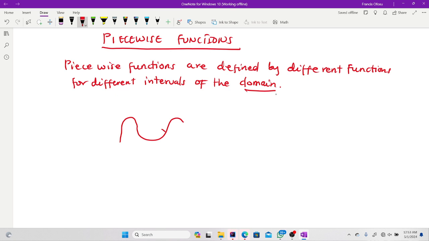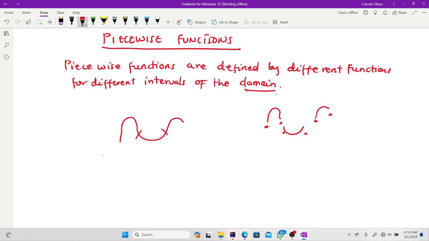If I break this curve at this point, I'm going to get one piece here, the other piece there, then the last piece there. Each of these pieces will be defined over an interval. X values from this side to this side will be one domain, from this side to this side will be another domain, and from this side to this side another domain. That is the whole concept of a piecewise function.